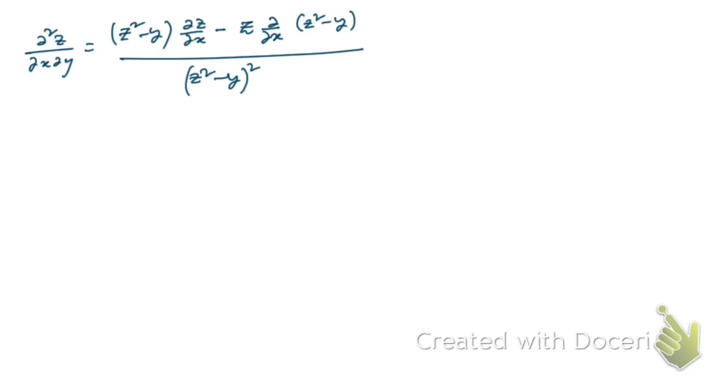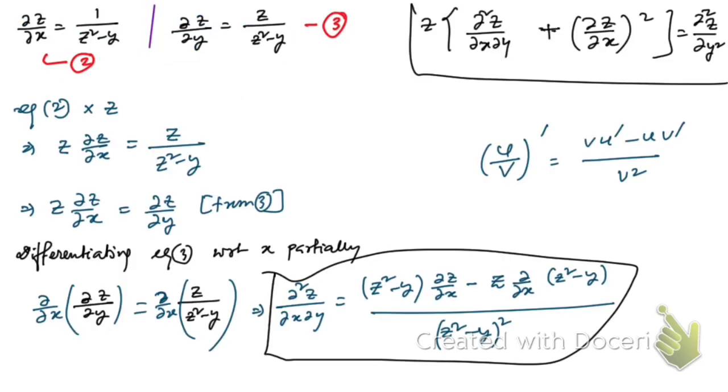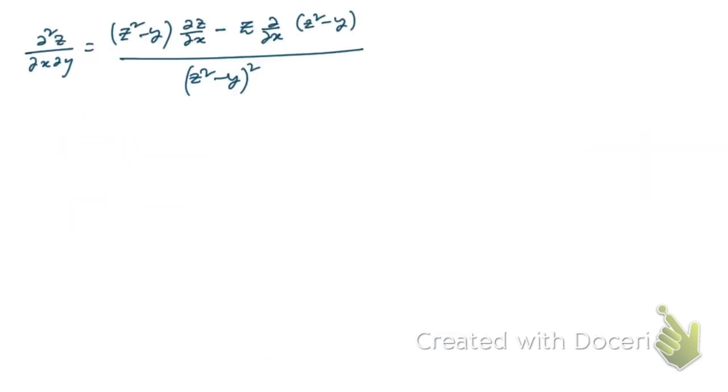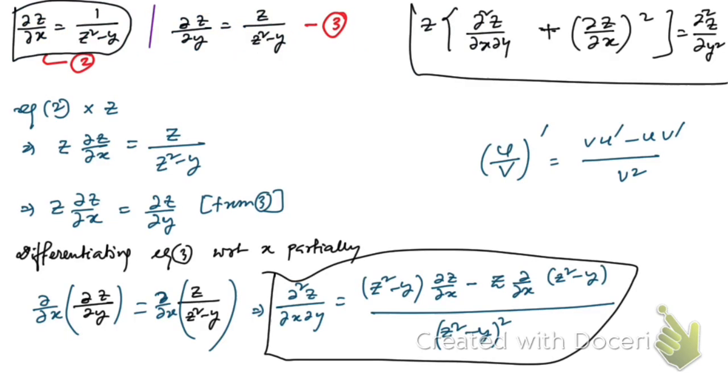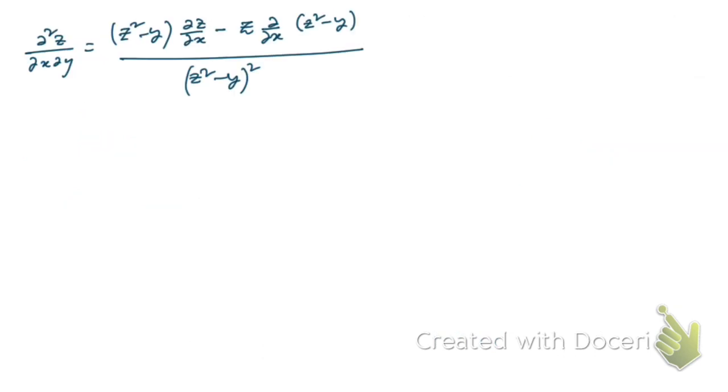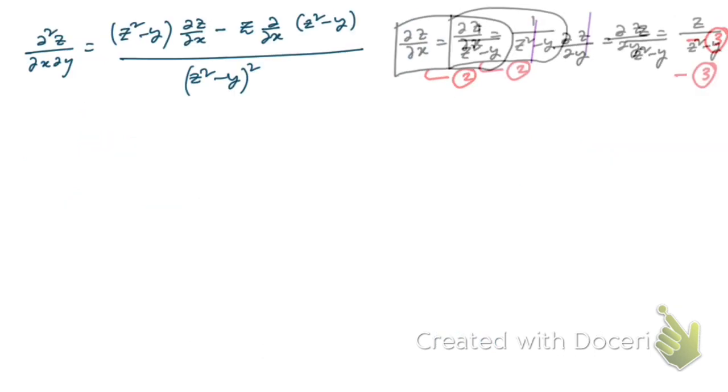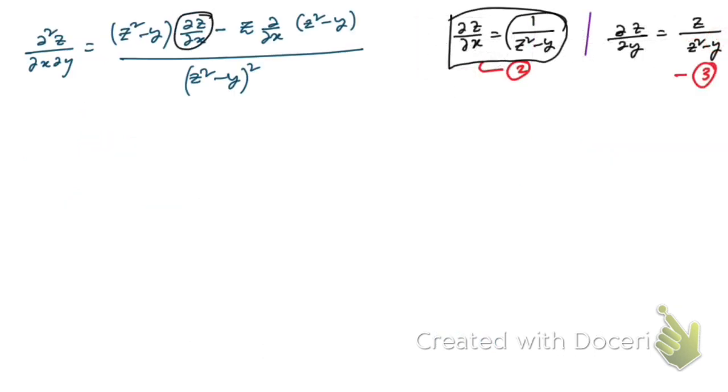So now let's simplify this. Del z by del x, we know this value. If we put this value here, just wait, let me write equation numbers 2 and 3 here also. Let us replace this by this one.